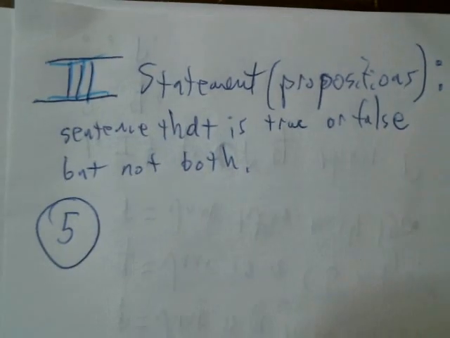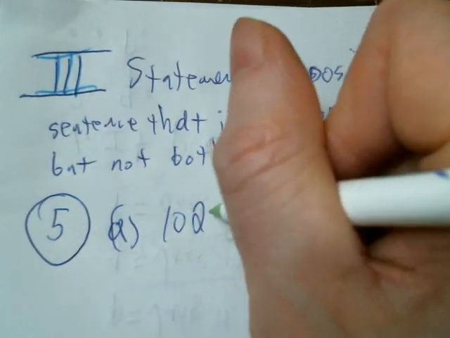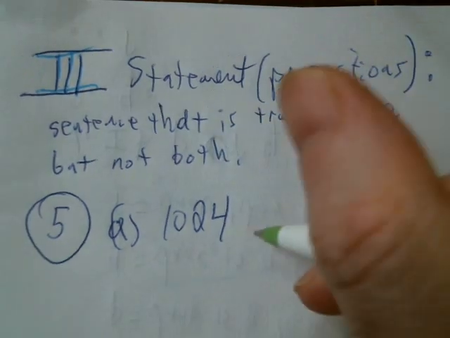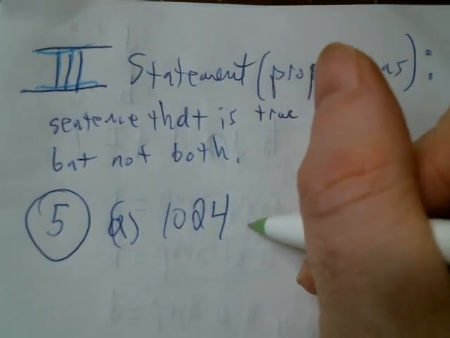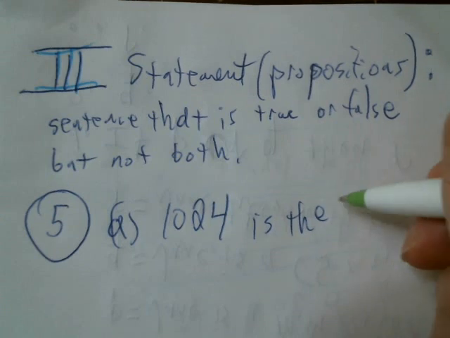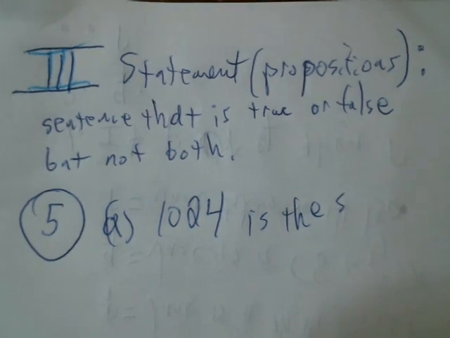Anyways, let's take a look at some simple statements here. This is problem 5 from the book. Is this a statement at all? 1024 is the smallest 4-digit number that's a perfect square.